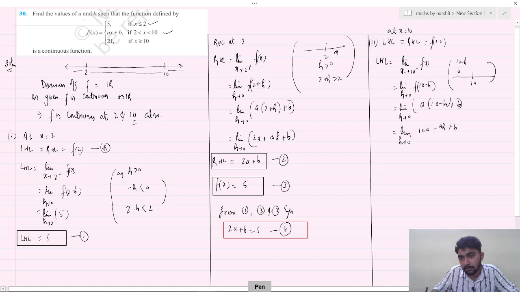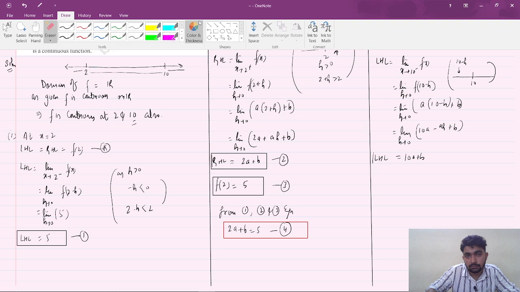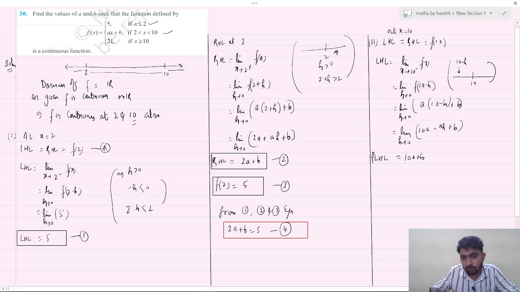If you apply the limit, we get 10a plus b. This is your LHL. This is our fifth equation.